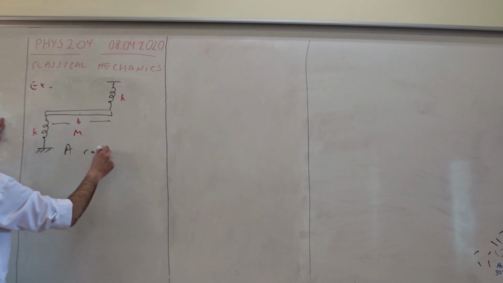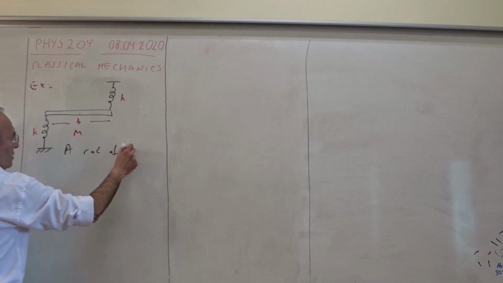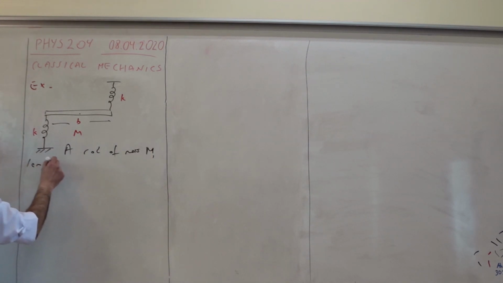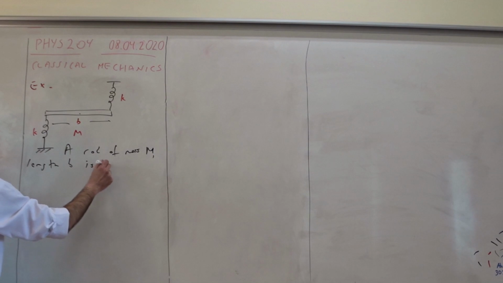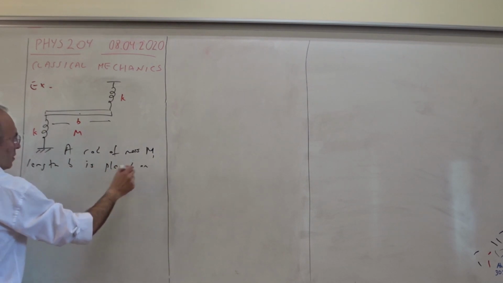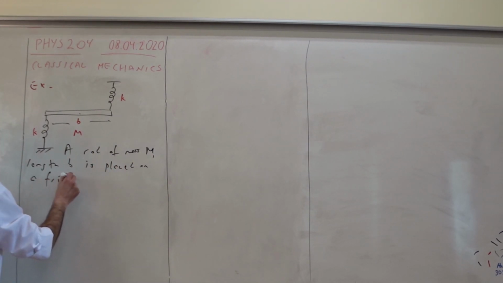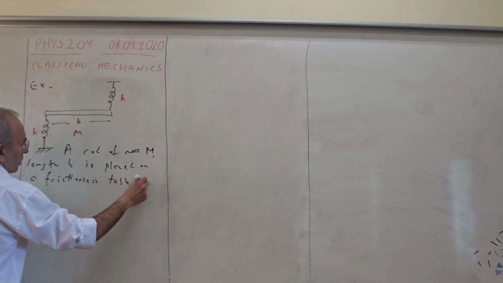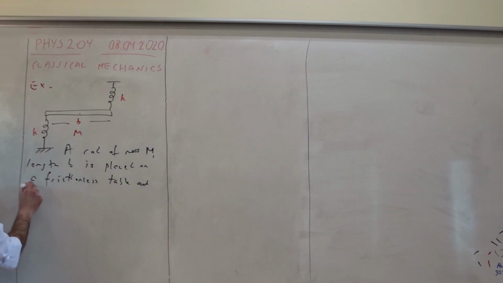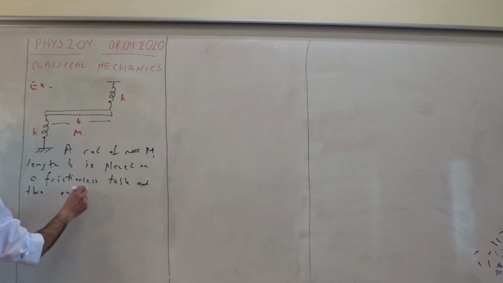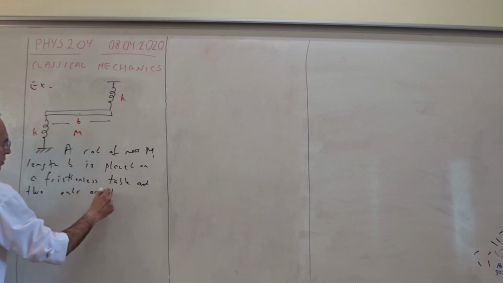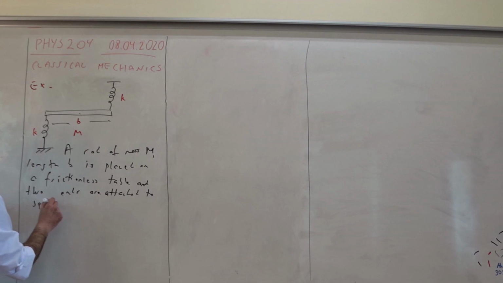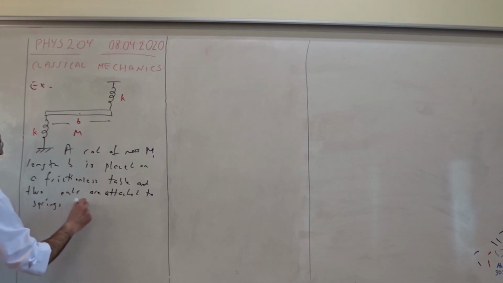A rod of mass m, length b, is placed on a frictionless table, and the two ends are attached to springs of force constant k.